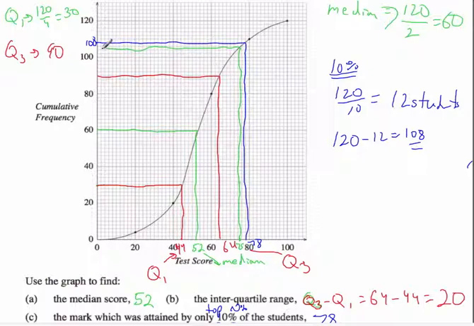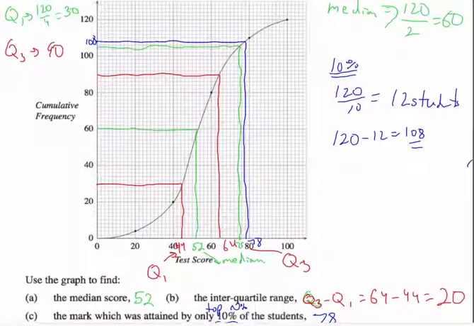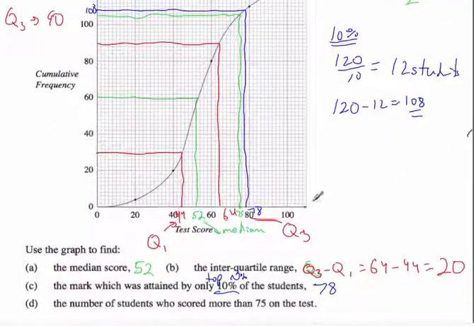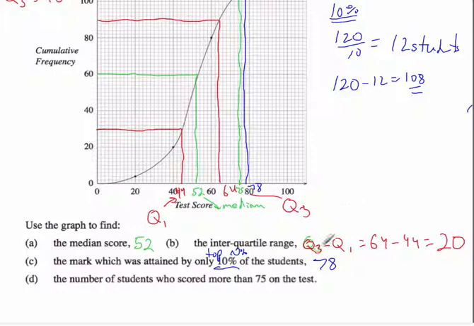So I'm thinking it's about 102, 104, 105. So 105 students are below that score. So more than that would be 120 minus 105, which equals 15 students scored more than 75 on the test.